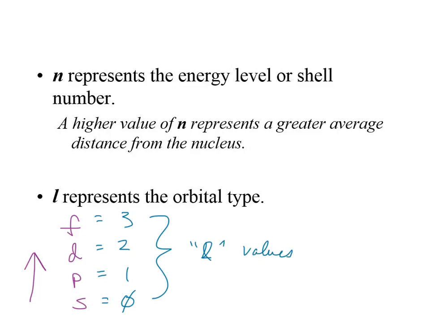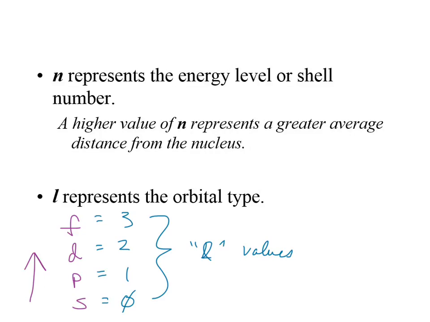So bottom line, I can superimpose an n plus L value for each one of these subshell types. So here we go. 1s, n plus L. For 1s, n is 1. What's L? 0. Yep.